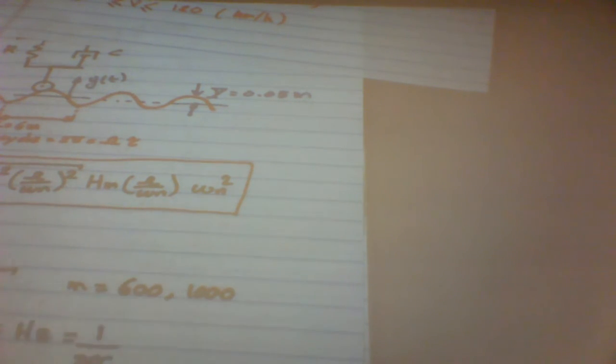Because basically, what do you have? Meters per second divided by meters equal 1 over seconds. Okay? So from over here, we know that the frequency will be equal to V over L.